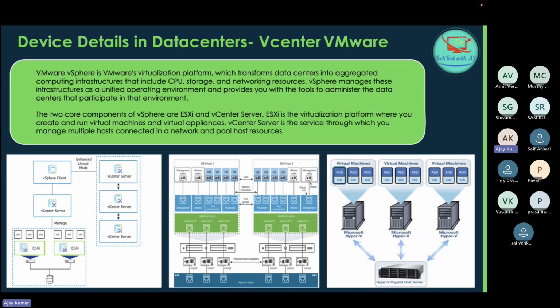There are a couple of providers offering virtual machine solutions. The first is VMware, which provides solutions on your hardware so you can create virtual machines. The second is Microsoft, which we call Hyper-V, and the third is Nutanix. So these are the three OEMs providing solutions for virtual machines.